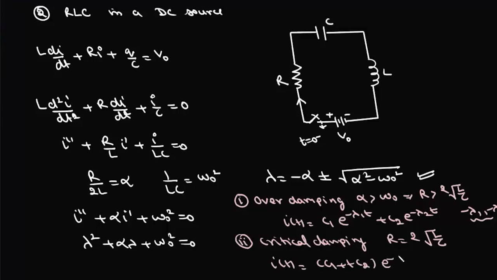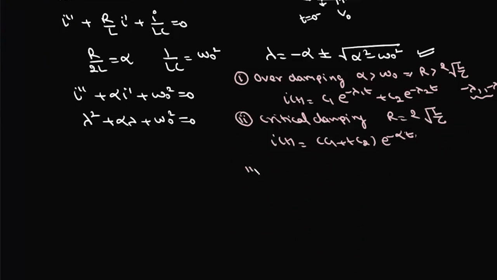(C1 plus t C2) e to the power minus alpha t, and then the third case is the case of underdamping.